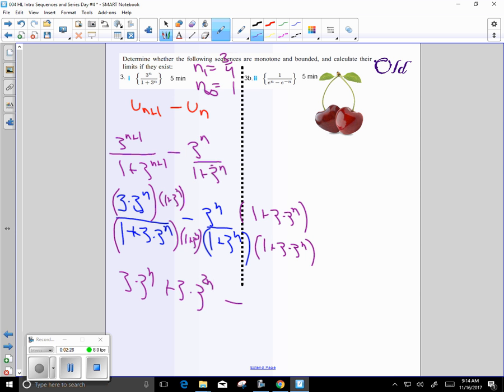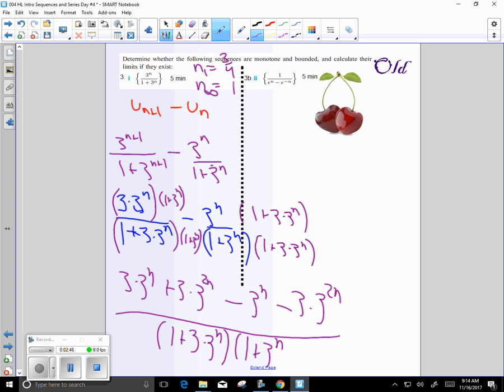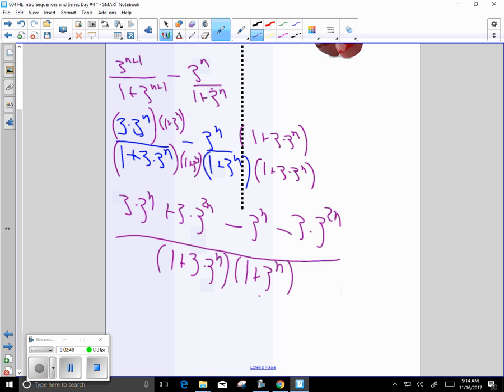Minus 3 to the n minus 3 times 3 to the 2n, all over 1 plus 3 times 3 to the n times 1 plus 3 to the n. The bottom just looks horrible. You don't have to do anything with it. Hopefully something cancels out in the numerator.